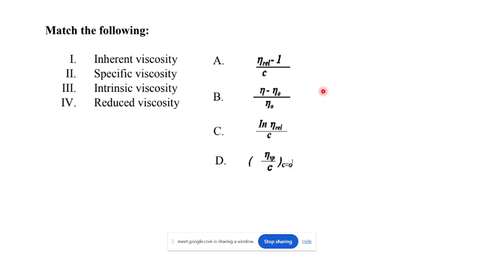That's all. So once you know the eta by eta 0, you will get all the different viscosity values. Now for different equations, like for the Mark-Houwink equation, you need to know the intrinsic viscosity. That's why they have derived these four different viscosities.